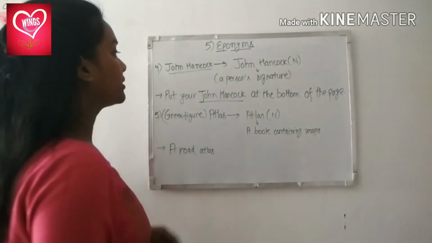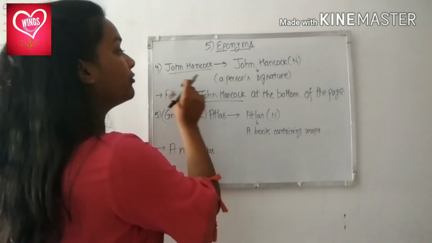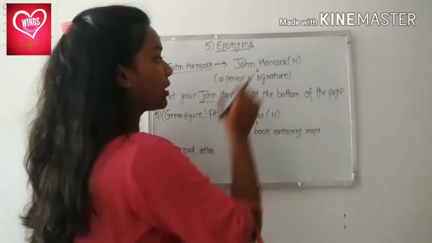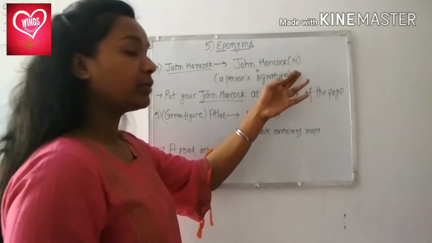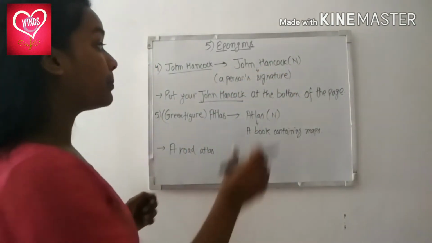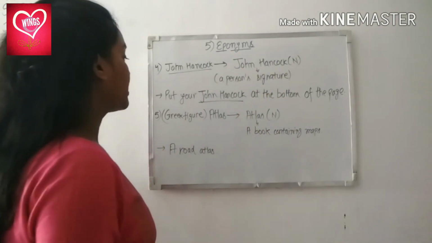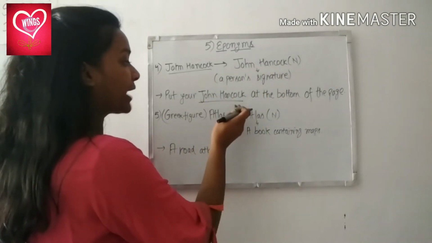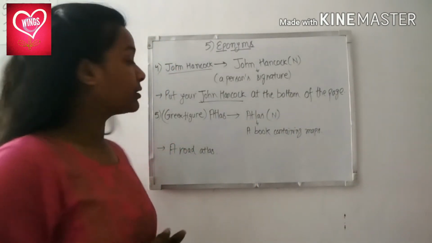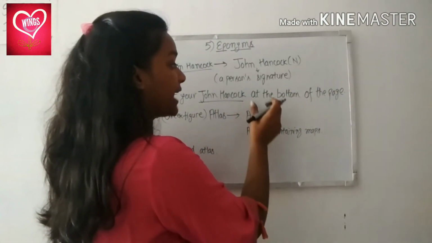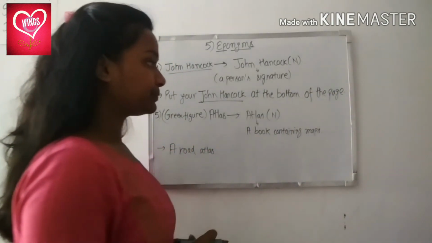John Hancock is an eponym for the word John Hancock. John Hancock is a noun and it means a person's signature. Put your John Hancock at the bottom of the page. That means put your signature at the bottom of the page.